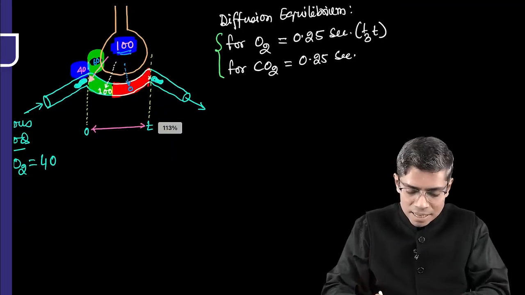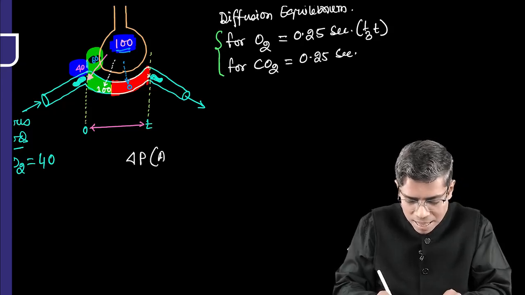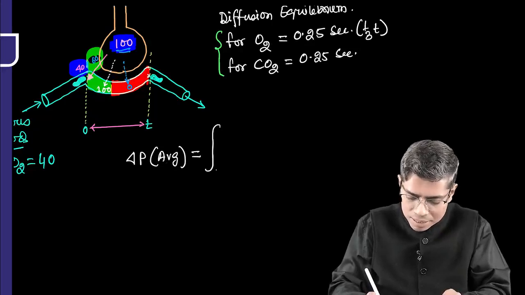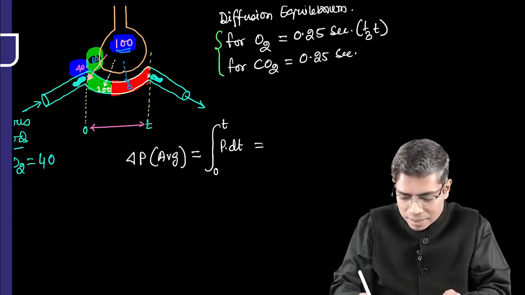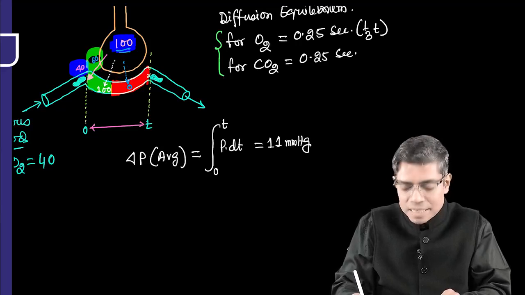That means if I have to calculate the average partial pressure difference for oxygen, then I have to take the integration from 0 to t of P dt, and this is nothing but 11 millimeter of mercury. Getting my point?